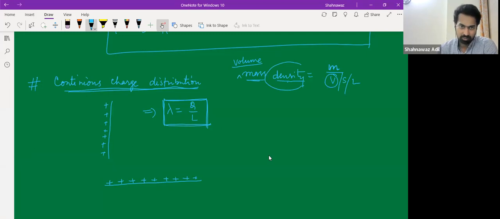So if I have a linear charge density, the denominator will have L, and charge density means that charge will be in the numerator. Understood?